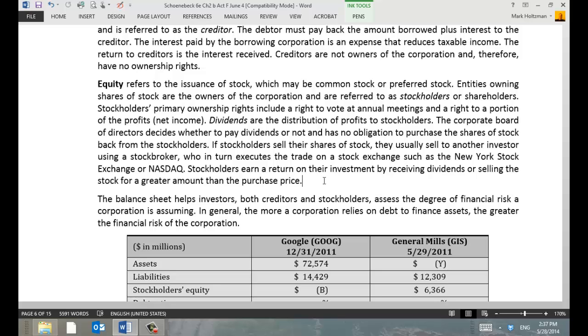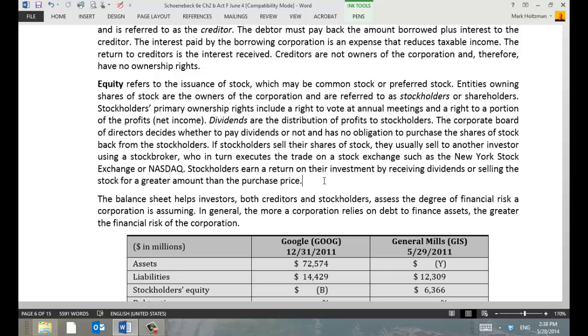So the question is, you can't just borrow money for free, or you can't just raise capital and get it for nothing. Rather, if you're going to raise capital, it's got to come from one place or the other. Either you have to borrow the money and make payments on it, interest and principal, or you have to sell stock and dilute your ownership shares by selling shares to somebody else.